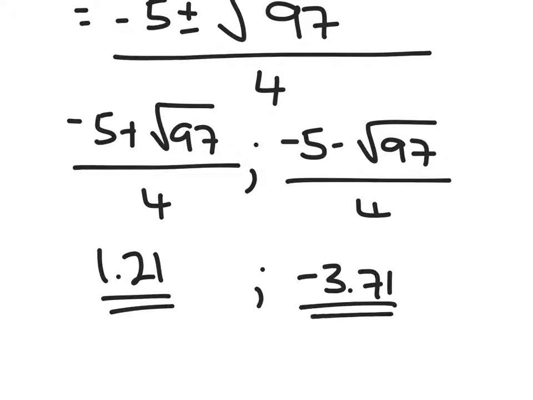So there you go. There are your 2 x-intercepts for that function. And that's all there is to it. So you try the rest of them. Just be careful to follow the steps as I've shown in the first 2 sections.